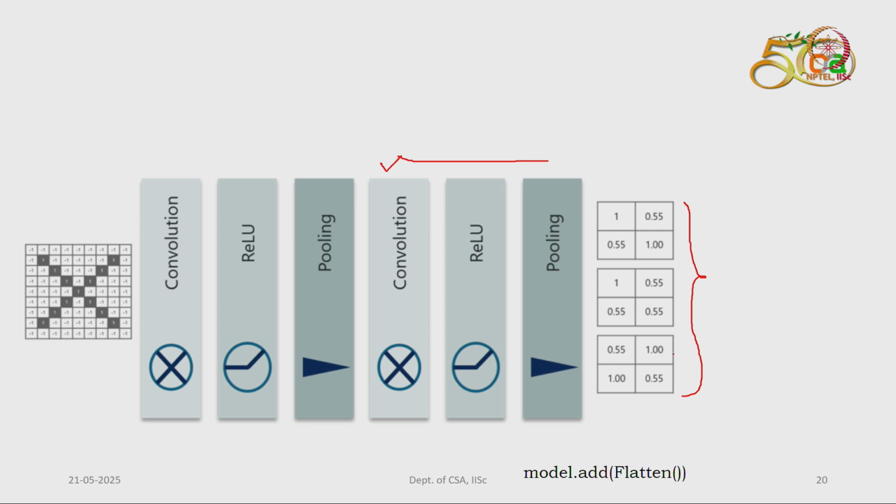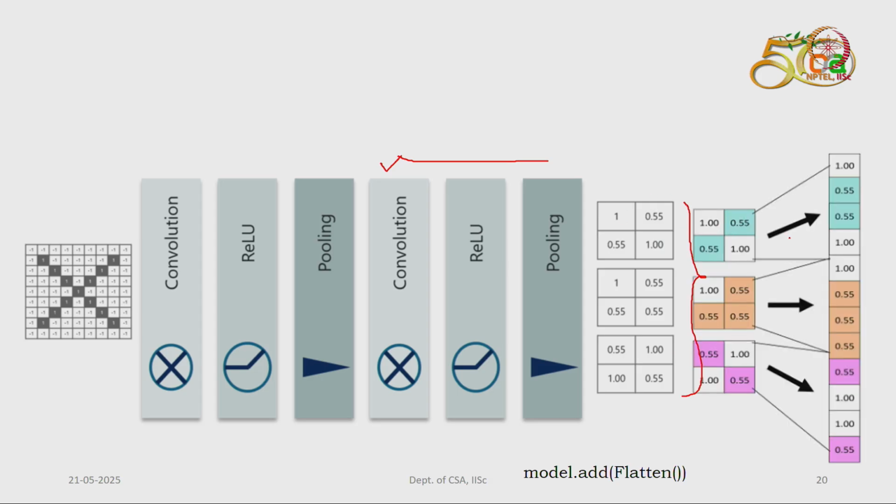Now what we are doing is we are going to flatten this. How are we flattening this? If you consider this matrix 1.55, 0.55, 1, we are converting it into a flattened layer. The second matrix we convert into a flattened layer. The third matrix we convert into a flattened layer.